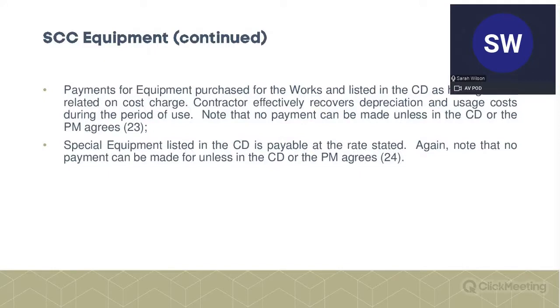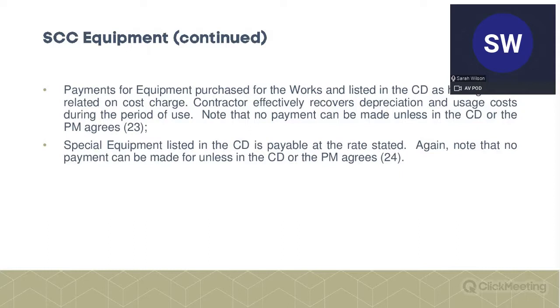Then we've got a couple of others, which I think are probably fairly unusual. The first is payments for equipment purchased specifically for the work which is the subject of the contract. I've never come across this before, but I'm sure it does happen occasionally. Basically, there's a way of calculating what is effectively the depreciation over the period of time that it's used.